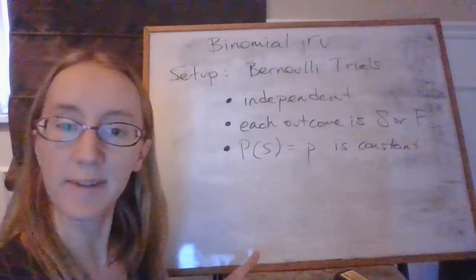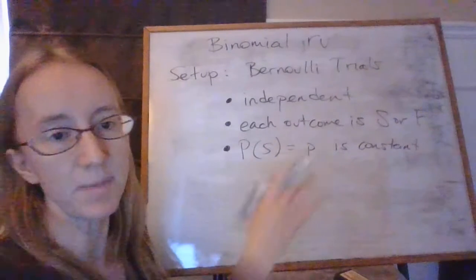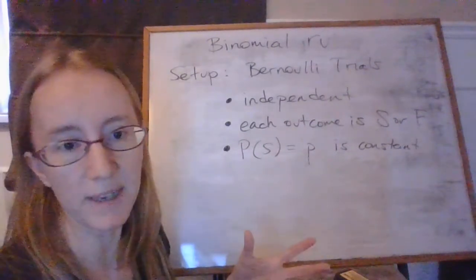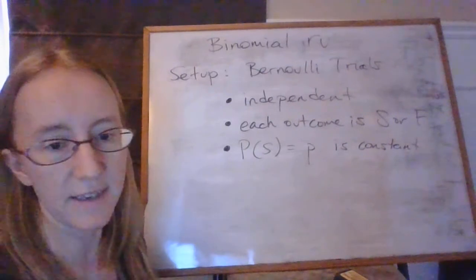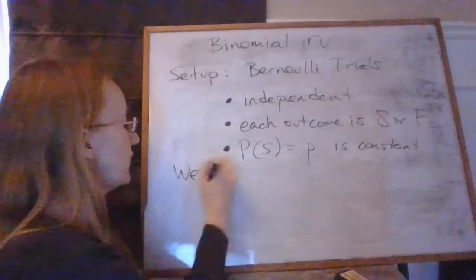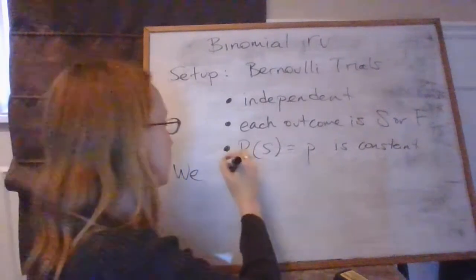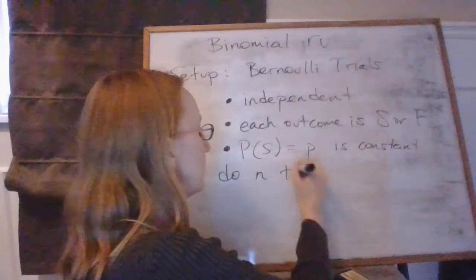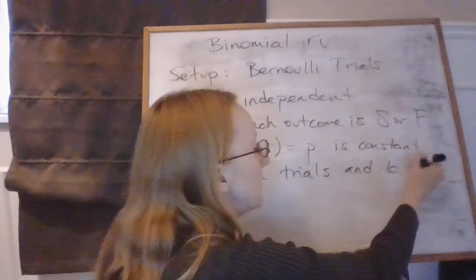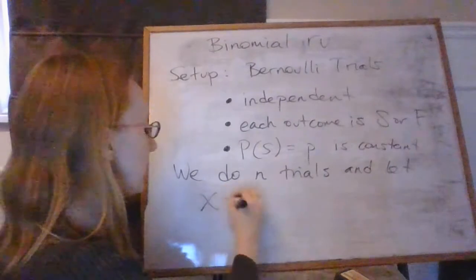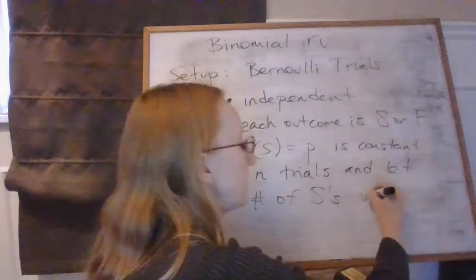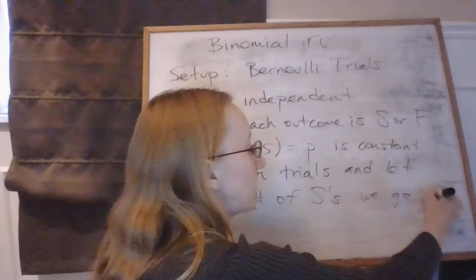So with this binomial random variable, we have this setup. We have these Bernoulli trials: a sequence of independent trials, each with one of two possible outcomes, and the probability of success is constant. Then, for a binomial random variable, we're going to do little n trials, and we let x equal the number of successes we get.